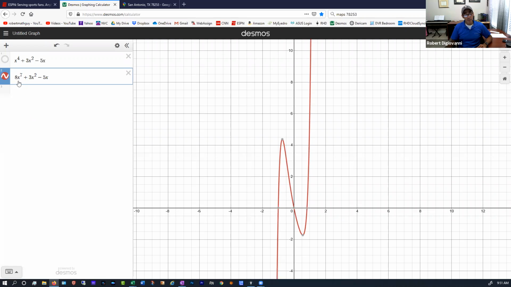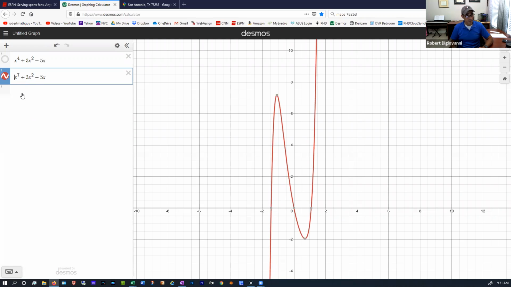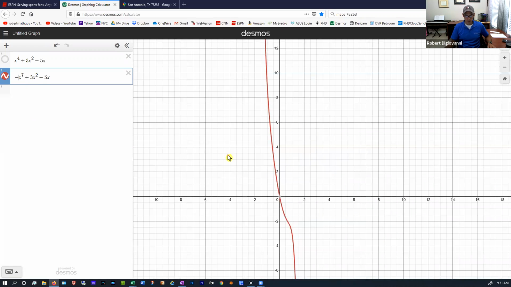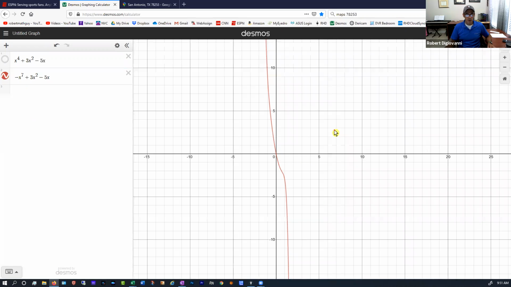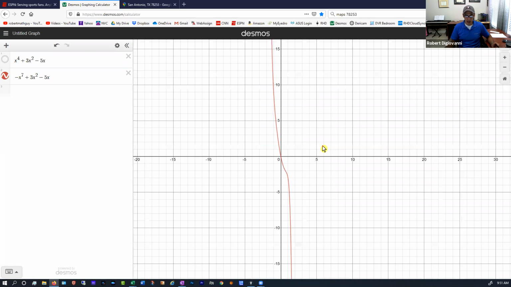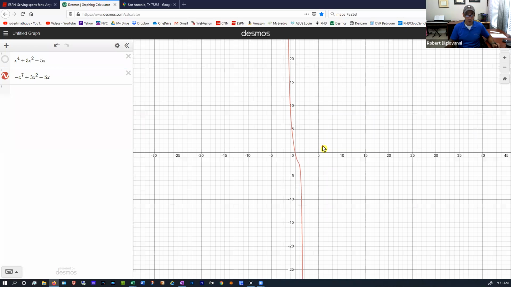Now, pay attention here. What if I change the number in front to a negative? So watch what happens here. I'm going to put a -1 in front. Here it comes. Whoa. That changed a lot, didn't it? In terms of the shape, it changed completely.